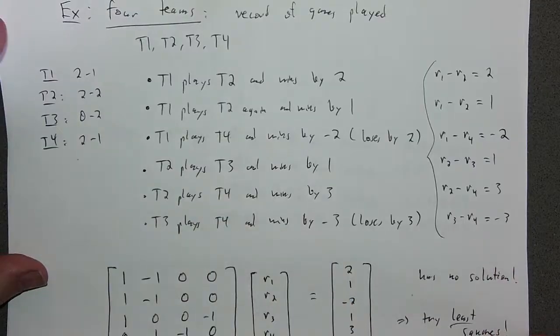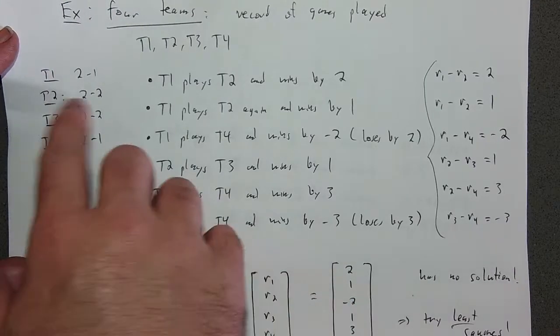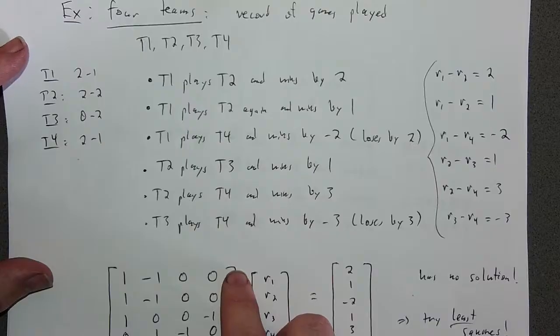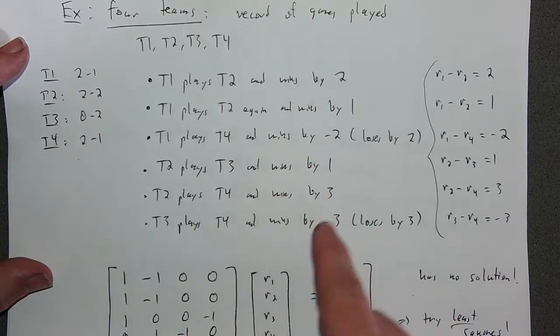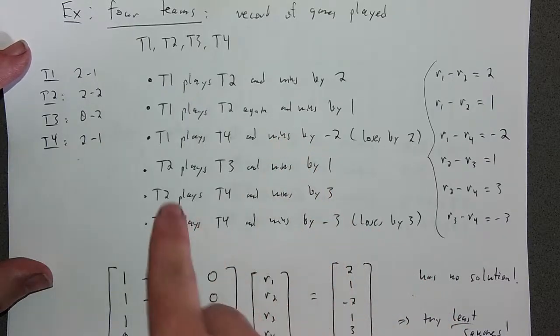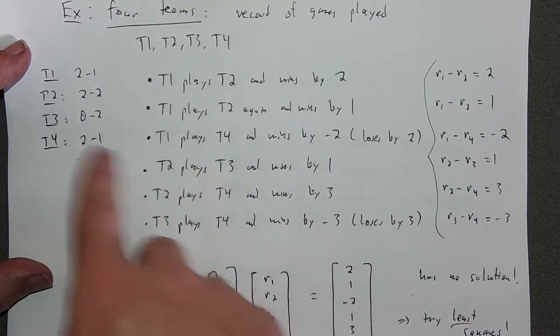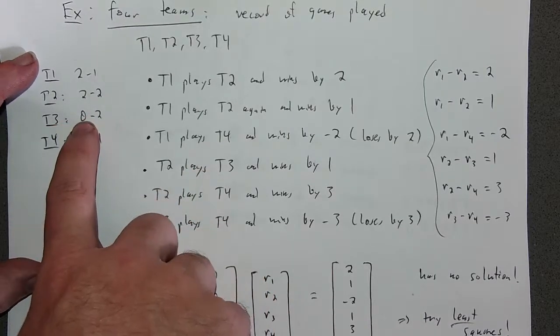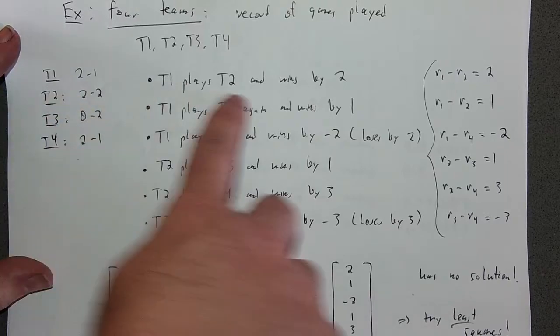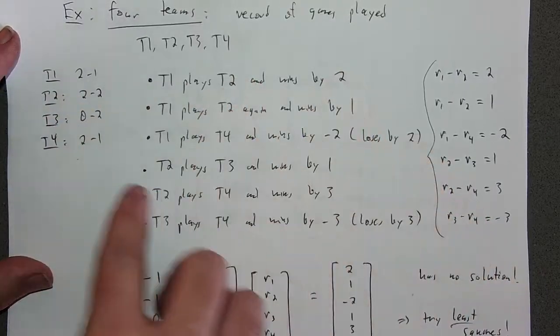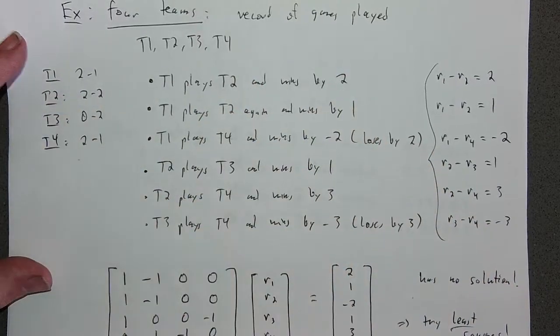Now, just looking at these records, of course, Team 2 has 2 losses, but Team 2 beat Team 4, which has 2 wins, and also beat Team 3. Team 3 didn't have any wins. Team 1 played Team 2 twice, but won both times, and Team 2 had 2 good wins.